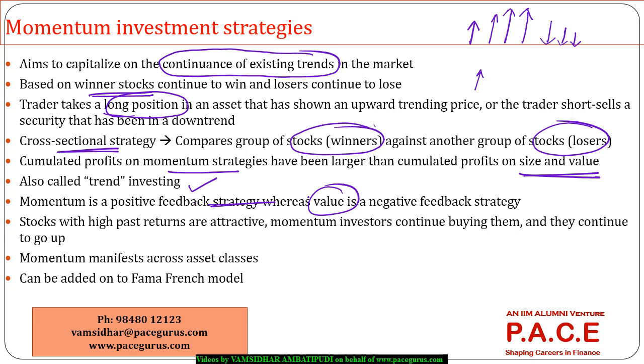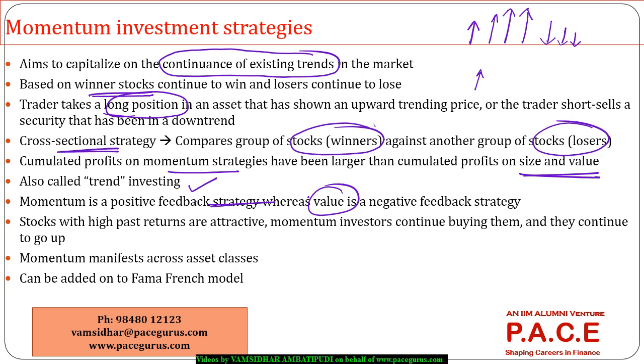That's how the momentum investment strategy comes. Whereas in the case of value, we look at it the opposite way. Low value, it's good to buy. High value, it's already overvalued, so better sell it. So that's where we call value based investing a negative investment strategy, momentum based investing a positive investment strategy.